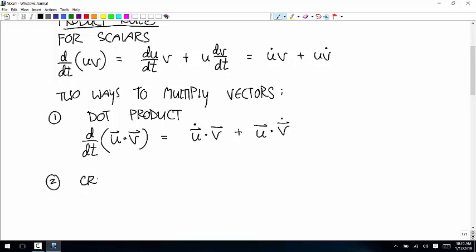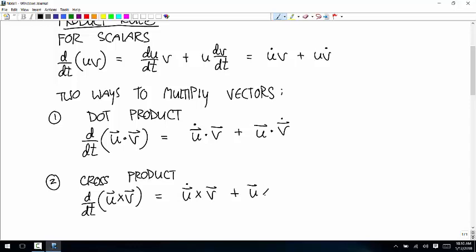And then the cross product is just like you would hope it would be. So if you're taking the derivative of the vector u crossed with v, that's equal to u dot crossed with v plus u crossed with v dot.